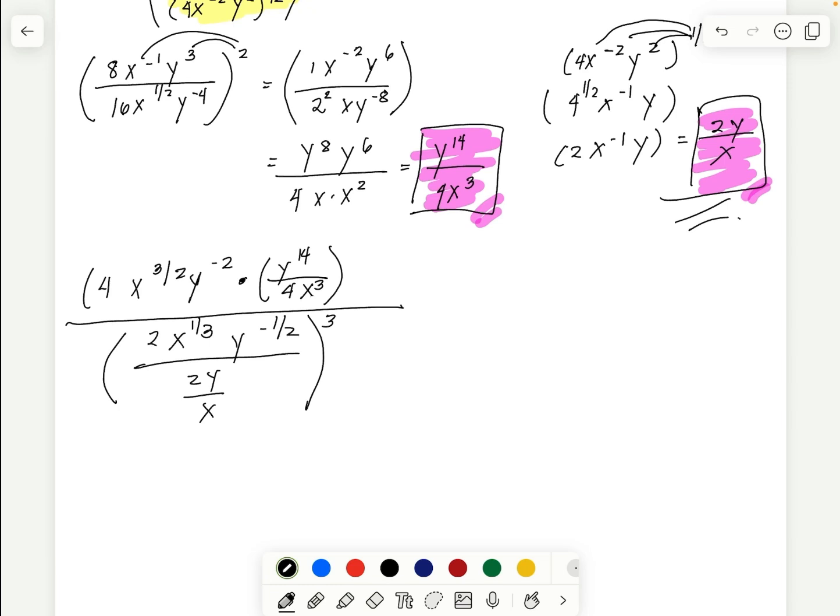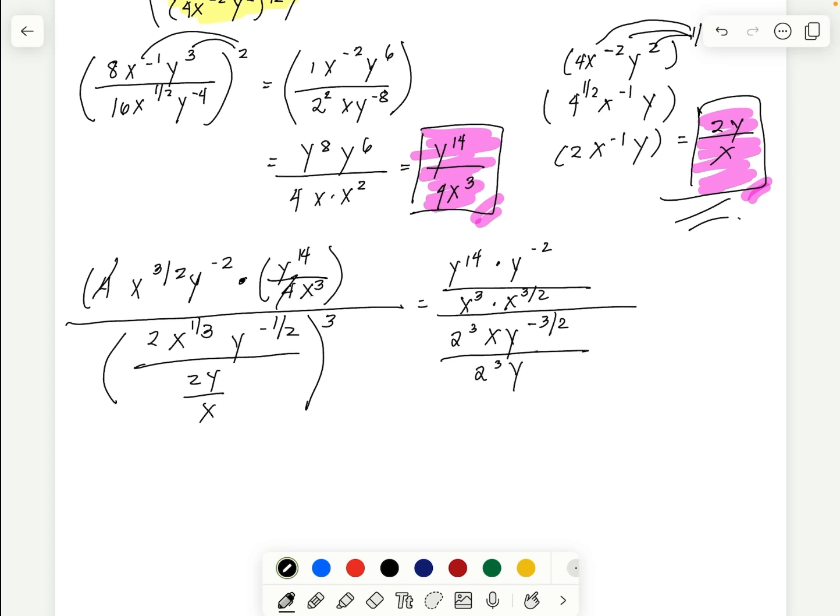So simplifying this, of course this will cancel. Then you get y to the 14 times y raised to negative 2, x cubed times x raised to 3 halves over 2 cubed, x, y to the negative 3 halves over 2 cubed, y cubed over x cubed.